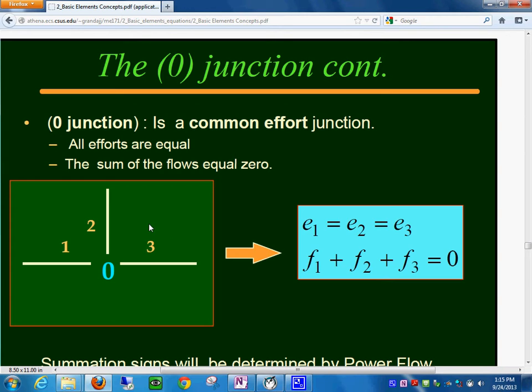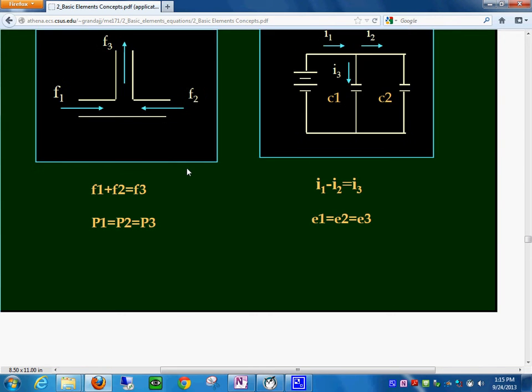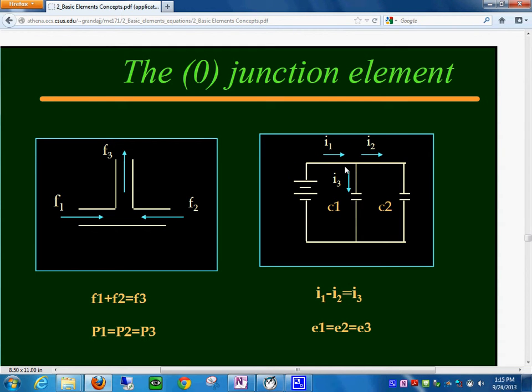I think this one is a good example of this. It's true that the voltage is the same, but the current here minus this is this current.